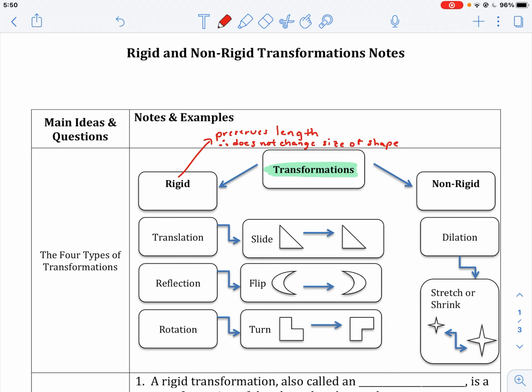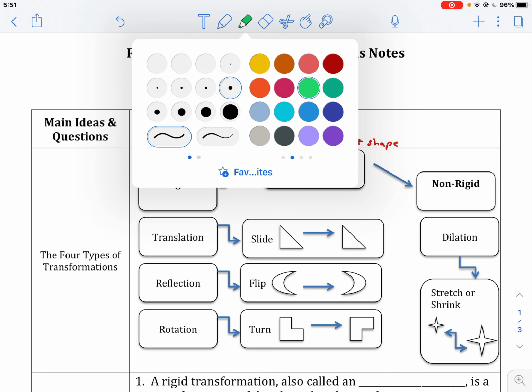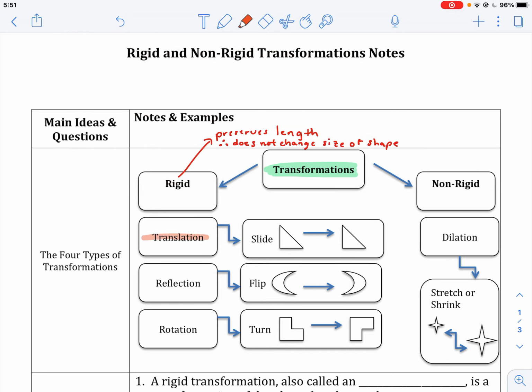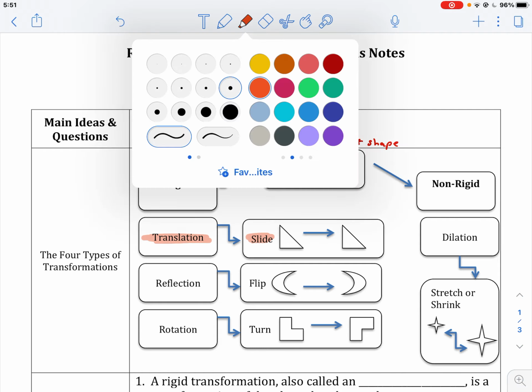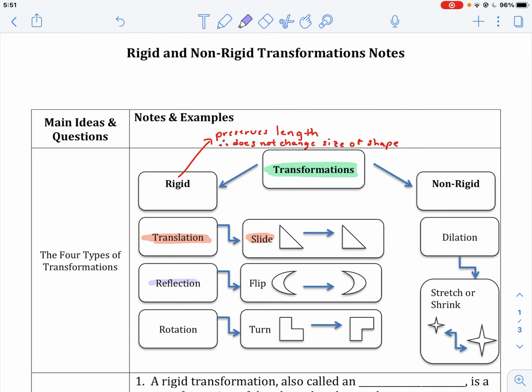So we talked about translations. Translations were just when we were sliding a figure to a new location. We talked about reflections. So when we flipped a figure over a line of reflection.